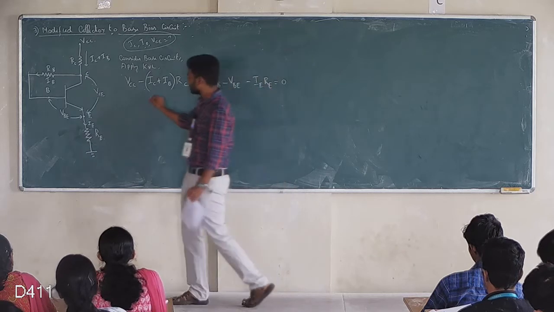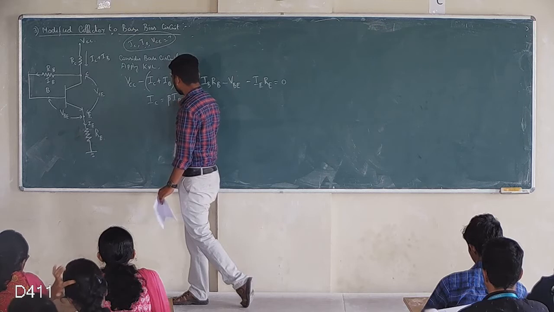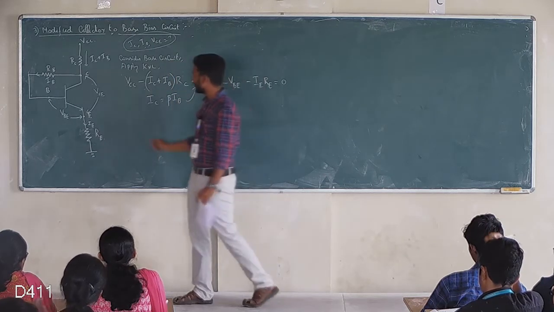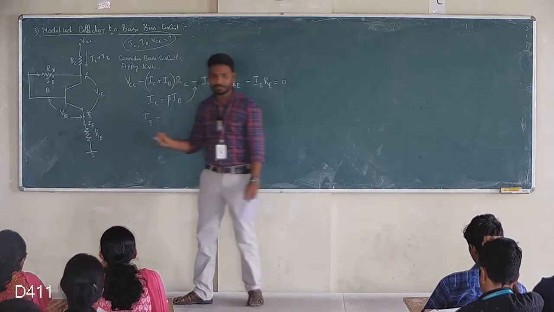Next step, substitute IC equal to beta into IB in this equation. Okay, so we can get IB. Find the IB.